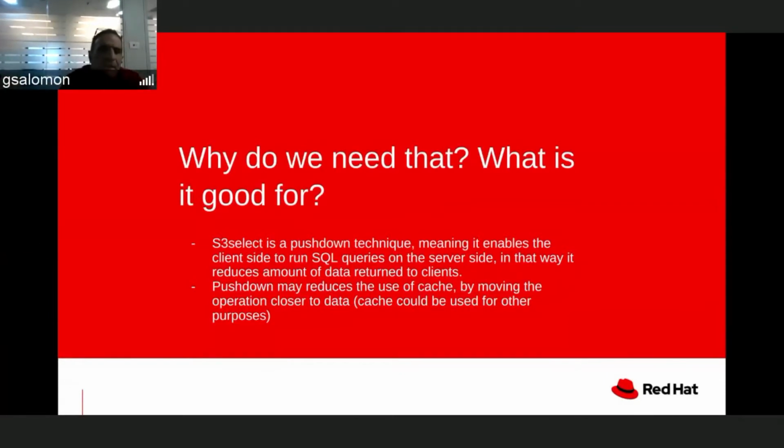Upon using cache paradigm, the flow is about what data to keep in cache and what data should invalidate. Upon using push down, the flow is about what operation should push down and how to use the return result.